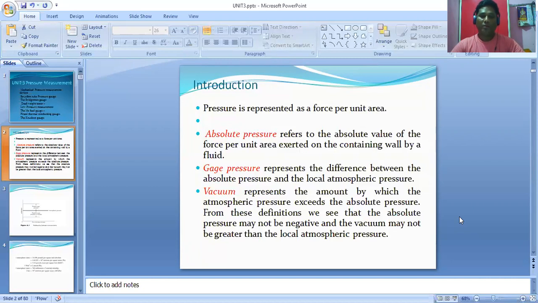The third one is vacuum. It represents the amount by which the atmosphere pressure exceeds the absolute pressure. From these definitions, the absolute pressure may not be negative and the vacuum may not be greater than the local atmosphere pressure.